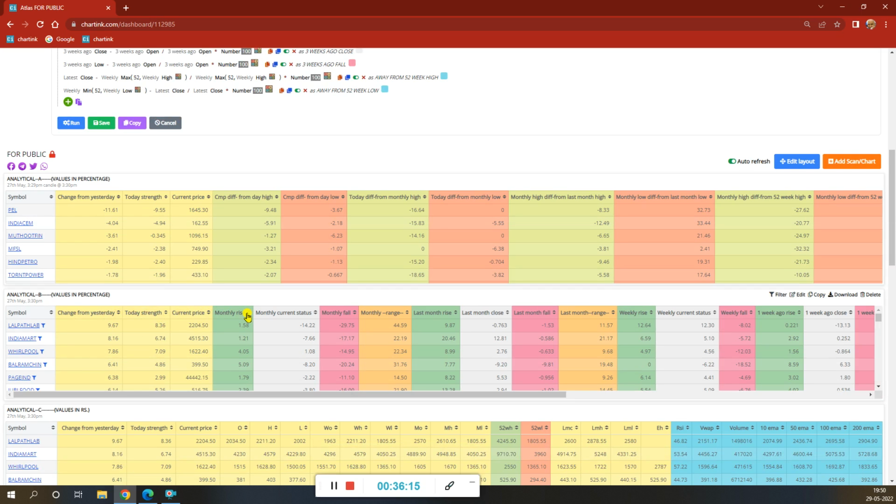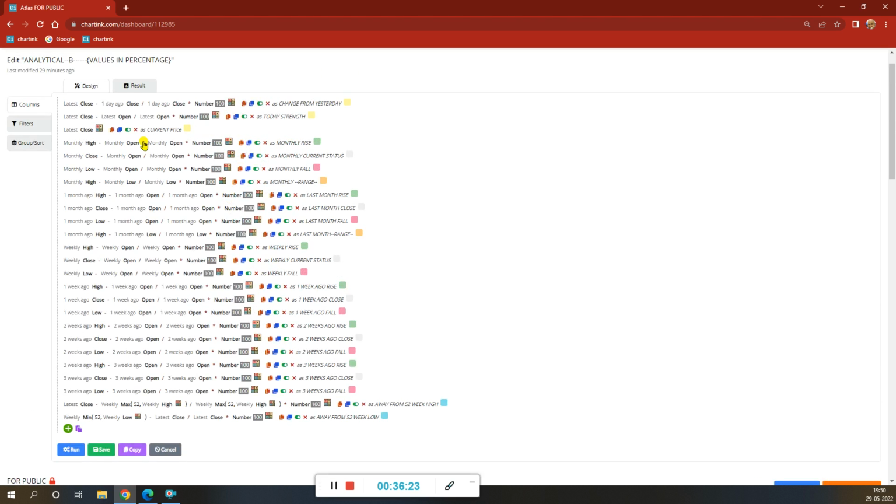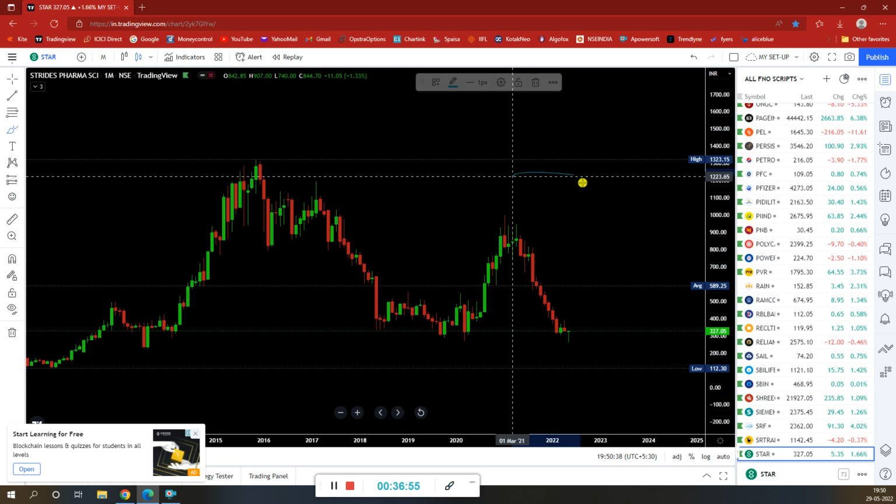Now it says monthly rise. What does that mean, monthly rise? Look at the formula. Monthly rise means when the stock opened in terms of the monthly candle, by what percentage it went up after opening. The same concept is applicable here, and this is applicable on month. Let's say XYZ stock opens here.